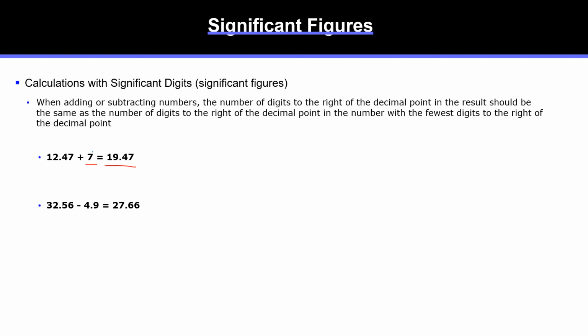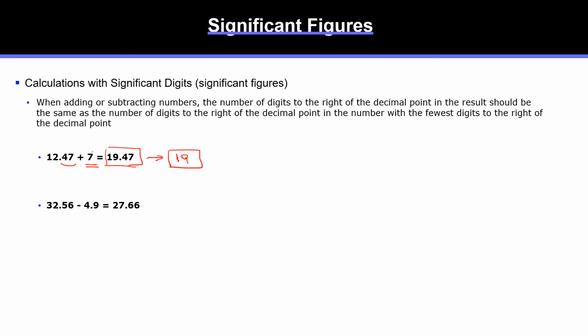In this case, this one has 2 decimals and this one doesn't have any, so the number that you obtain in the calculator is 19.47, but I should show that as 19 because the answer shouldn't have any decimals, since one of the numbers doesn't have any decimals.